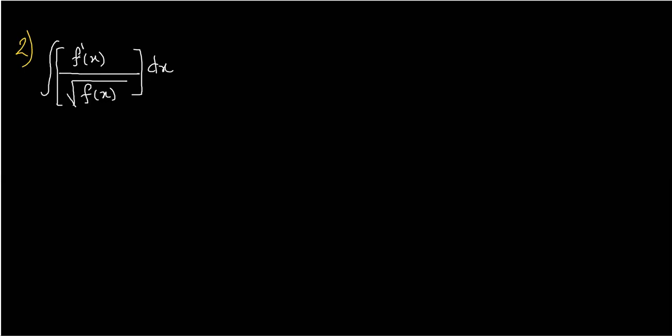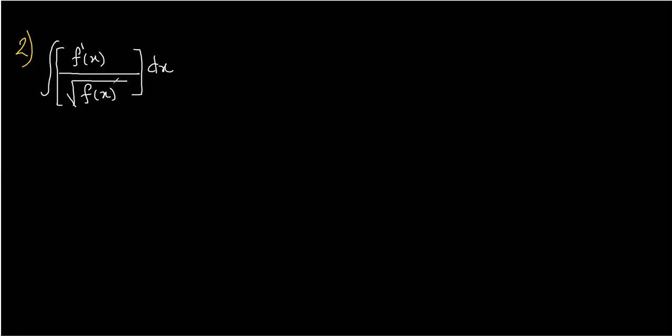What I notice here is in the integrand, what is the meaning of integrand? The function that you want to integrate. You are integrating f dash x upon root f of x. The numerator is f dash x, which is the derivative of f of x, and the denominator is square root of f of x.